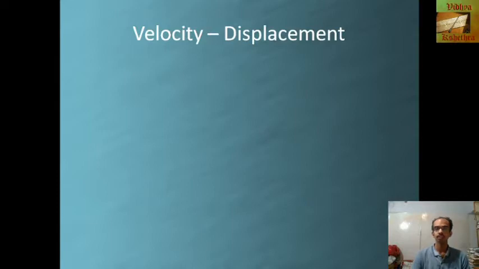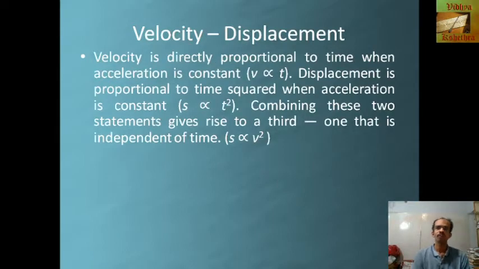Now this is the third equation of motion, which is the velocity-displacement, in which the relation between velocity and displacement is given. Velocity is directly proportional to time when acceleration is constant, which is the first equation of motion.